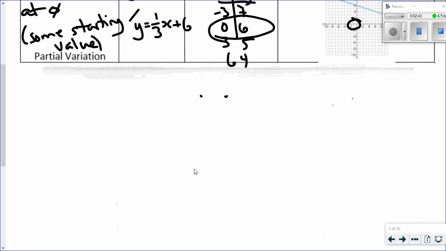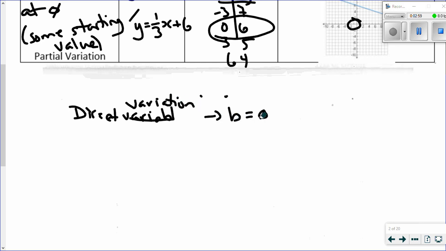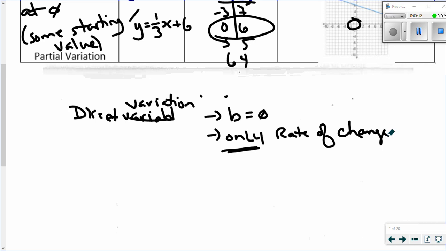Just to expand on that a little further, for direct variation your b value equals 0. There's only a rate of change. We only have our m.